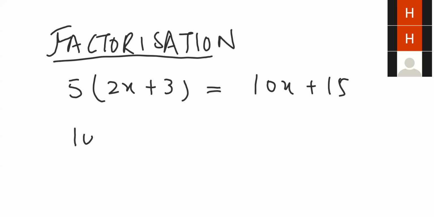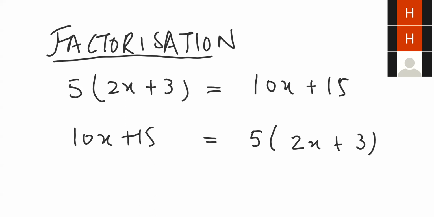However, if we have a question that is 10x plus 15, we're going to go in reverse. We're going to take the highest common factor out between 10 and 15, which is obviously 5, and we get 2x plus 3 in the answer. So it's the complete opposite of expansion.